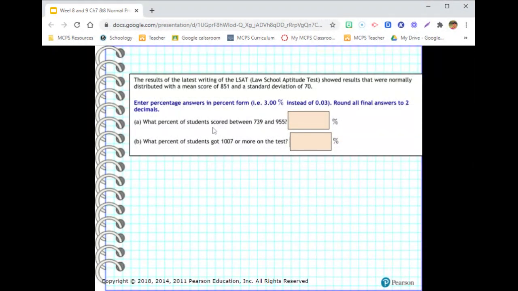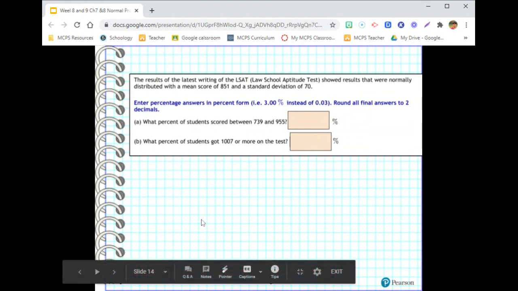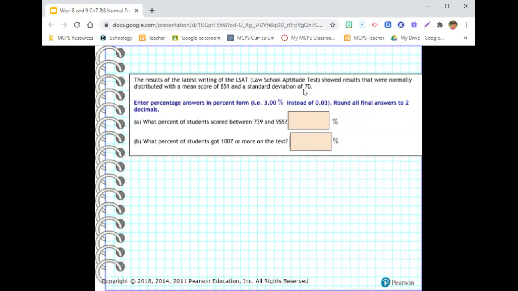What percent of students scored between 739 and 955? You know how to do this, right? So in symbols, you're just gonna put second vars, normal CDF, lower limit is 739, upper is 955 because it's between. And then you put the mean at 851 and standard deviation 70. Correct.